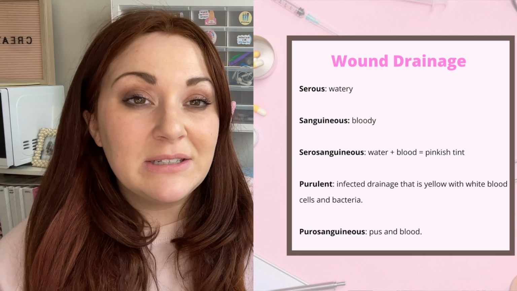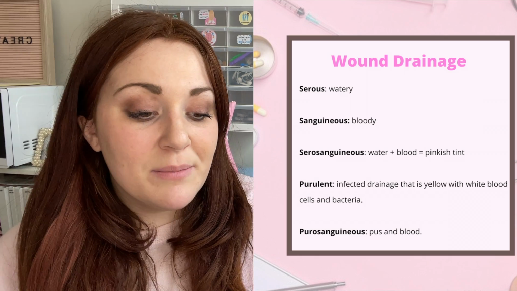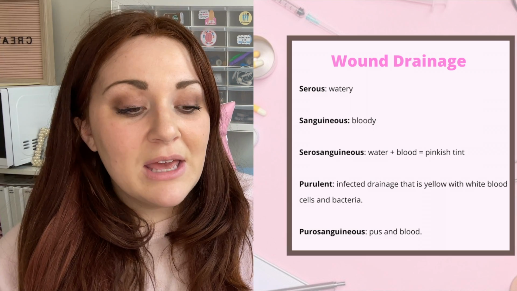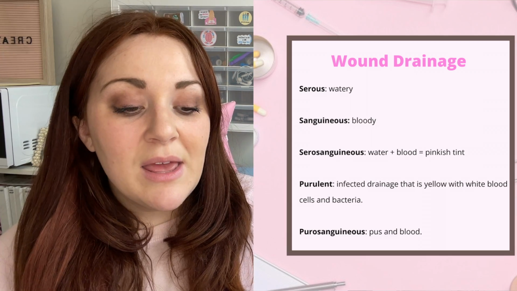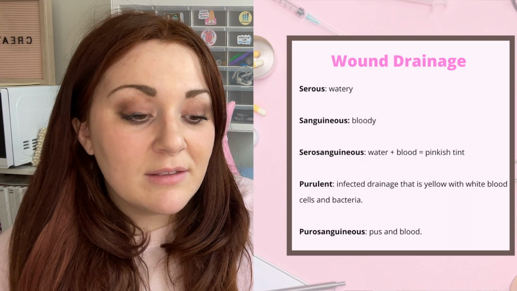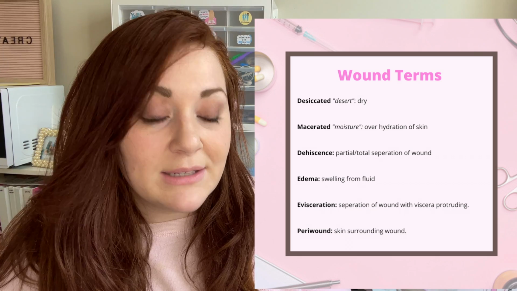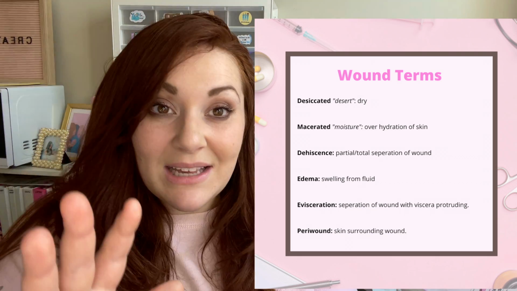This is infected yellow drainage. Usually it has white blood cells, debris, bacteria in there, so it's infected. And then purosanguineous is pus and blood. So delicious.